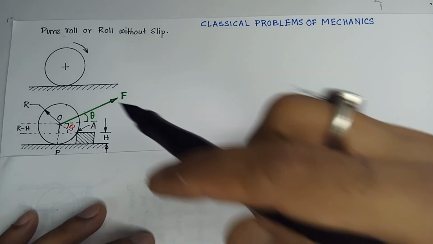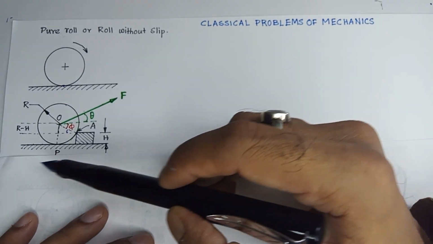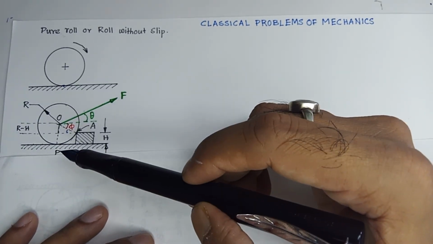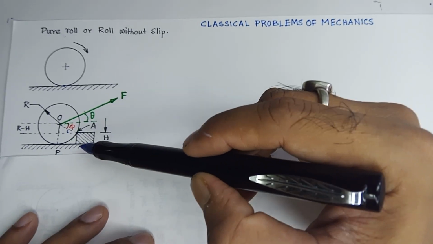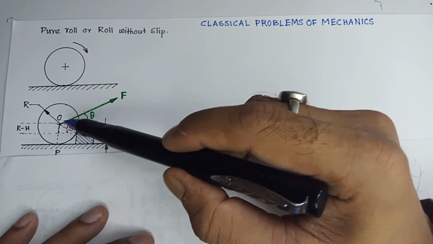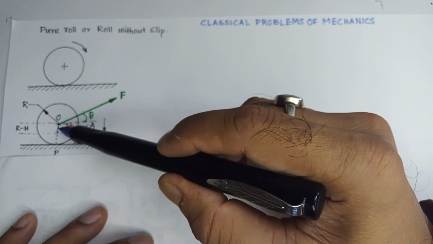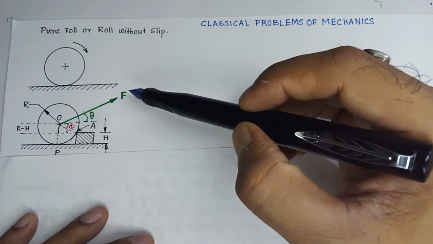So here we see that the roller or the disc is there. On its path there is an obstacle. As it comes across this obstacle, there is a force applied at the center of the roller or the disc, pulling the disc.